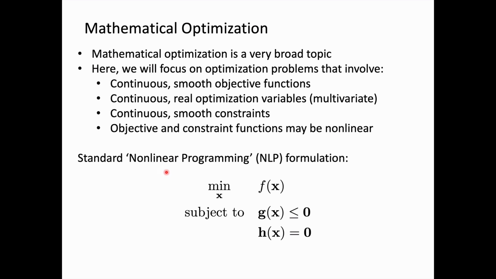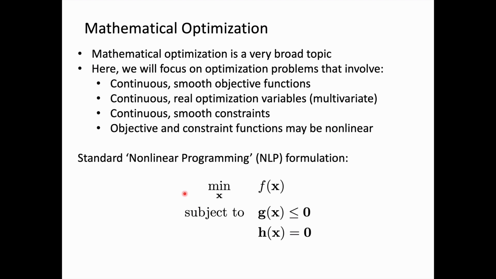So when you hear the term nonlinear programming, just think about problems defined in this way, where we're trying to optimize some objective function, we have some general continuous constraints, and we have a continuous set of optimization variables.